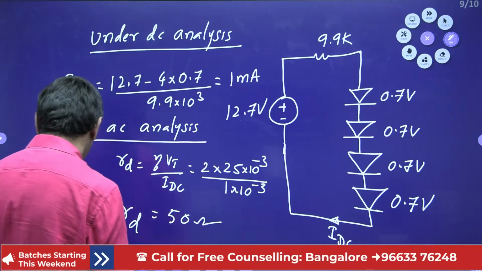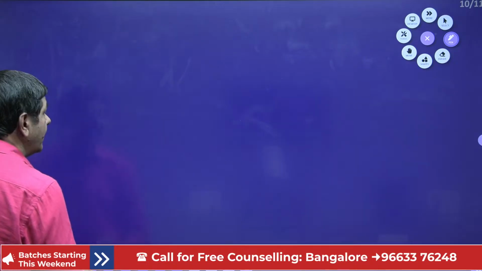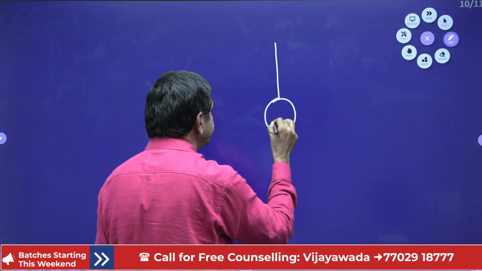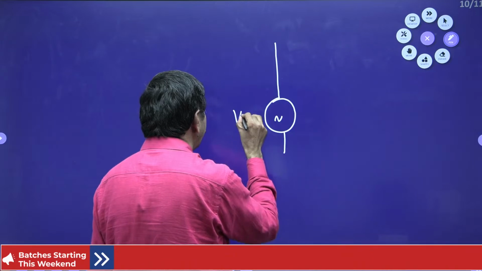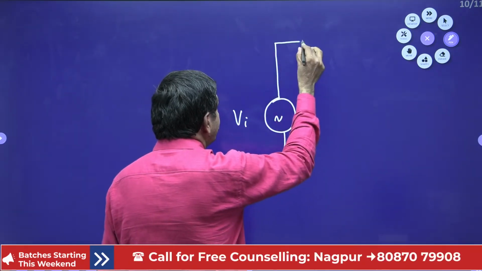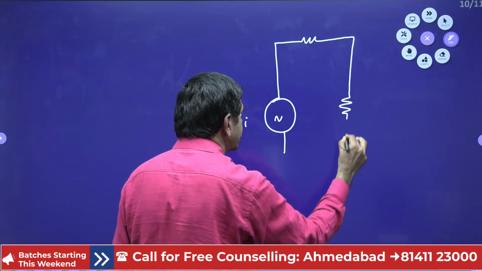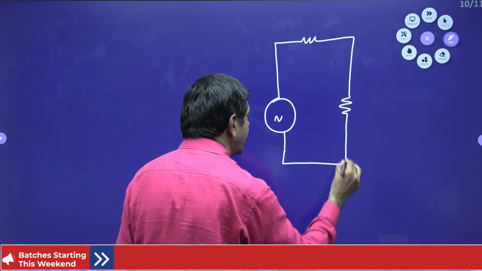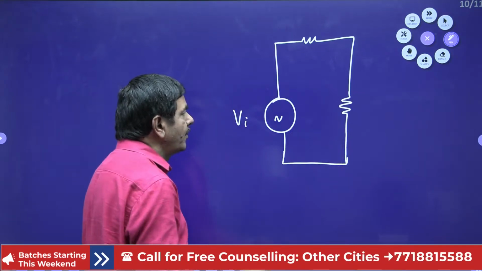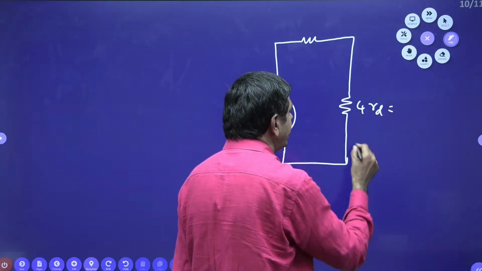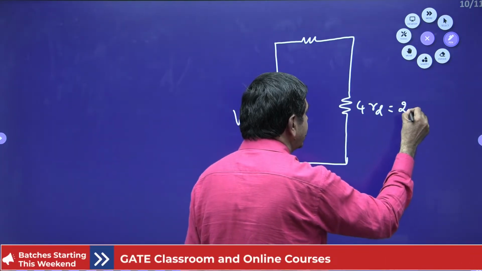I can redraw this diagram now. Under AC analysis, I can draw. There is an AC supply, this is Vi. Here it is connected with a resistor, the dynamic resistance. 4 diodes, equivalent resistance I have taken now, 4 into RD. RD is nothing but 50. 4 into 50 is 200 ohms.